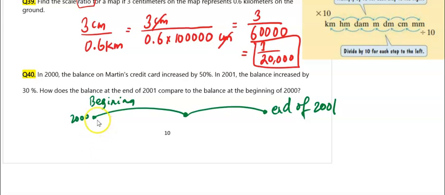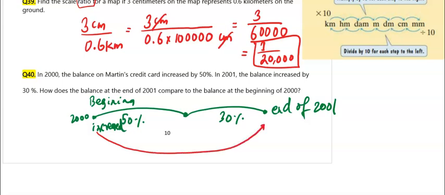From the beginning to the end of 2000, the balance increased by 50%, and again from the beginning to the end of 2001, the balance increased by 30%. So from the beginning of 2000 to the end of 2001, how much did the balance increase altogether? That's what you're going to find, and that's what the question is looking for. How does the balance at the end of 2001 compare to the balance at the beginning of 2000?